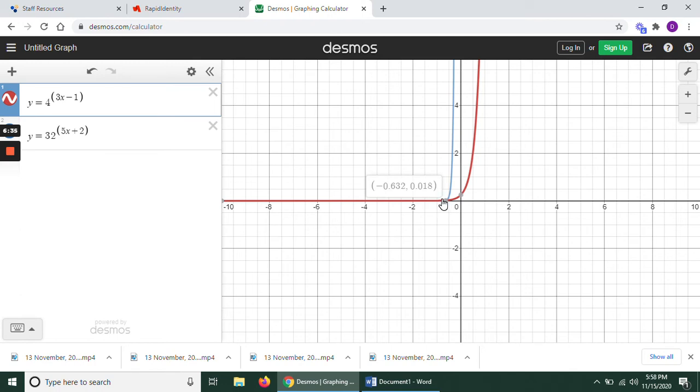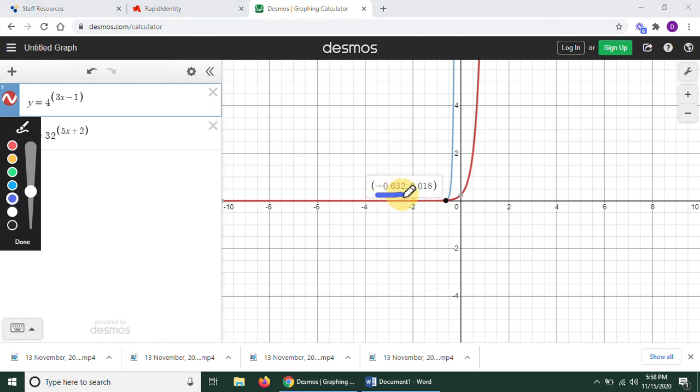I click on that point, and I choose the x value from that point, and that will be my answer.